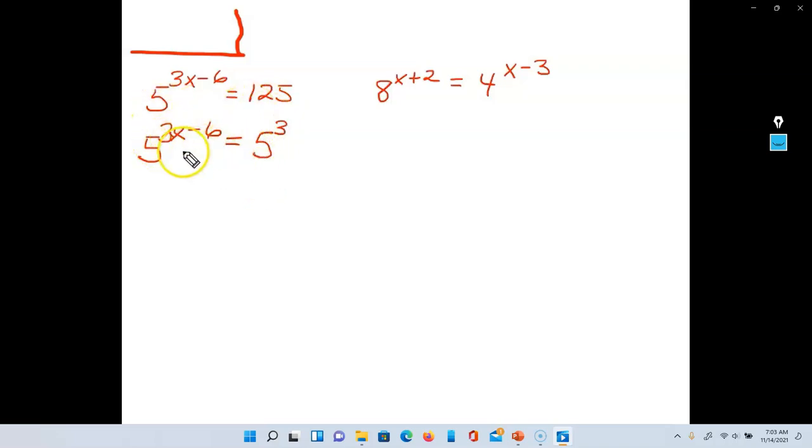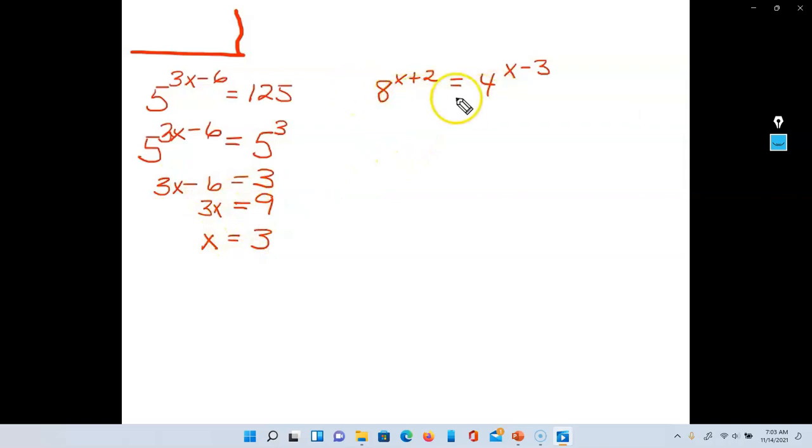So we've got our bases now to look alike. The exponents should equal each other. 3x minus 6 equals 3. Transpose that, it becomes a 9 on this side, 3x. So x will equal 3. Just a little algebra there.